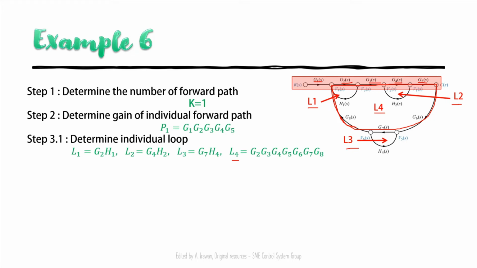So for L3 it's positive. Same goes for L2 and L1. Why don't they have a negative? Because in the SFG it isn't marked as negative here, although this one is a backward path.